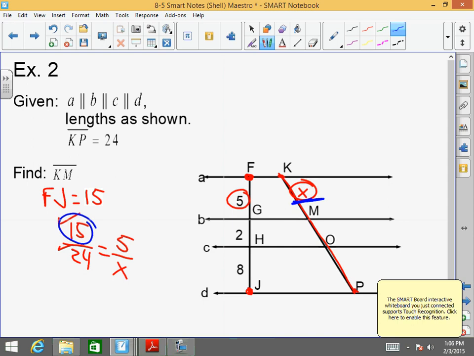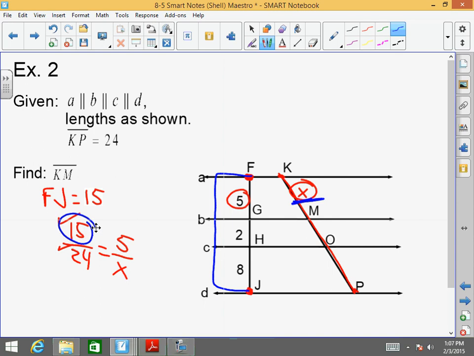How do you know that 5 is smaller than x? Well, think about it. Isn't this the smaller side? Isn't 15 smaller than 24? So then all of these pieces are going to be smaller than the 15 side. Does that make sense? You promise me, my brother?